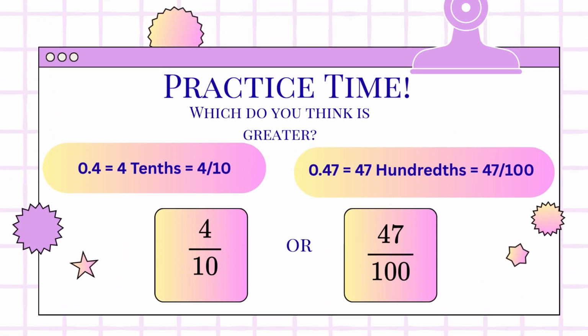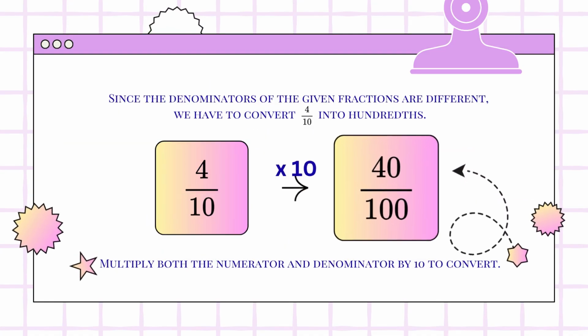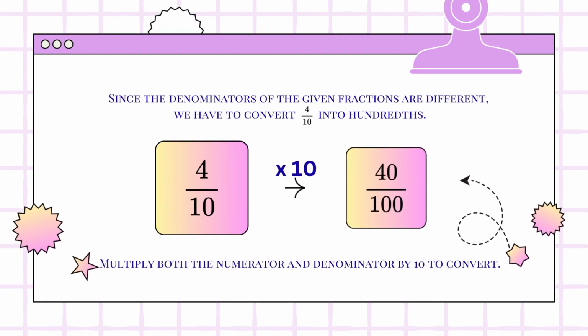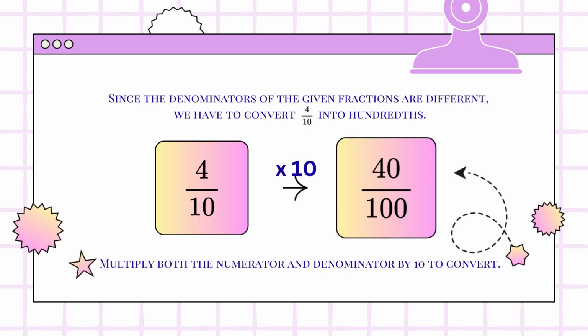Let's practice comparing decimals. Which is greater, 0.4 or 0.47? The first number, 0.4, represents 4 tenths, which you can write as 4/10. The second number, 0.47, represents 47 hundredths, which is 47/100. To compare these fractions properly, you need to make their denominators the same.